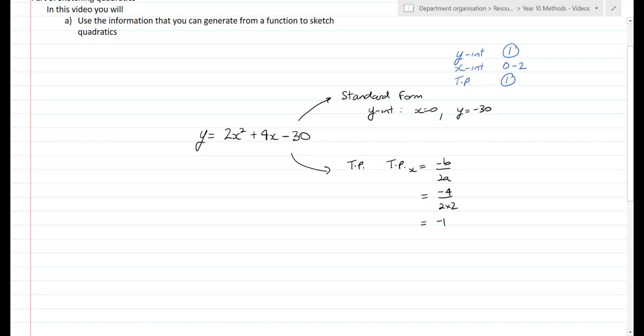Now the turning point x value is negative 1. The turning point y value is equal to 2 times negative 1 squared plus 4 times negative 1 minus 30, and that of course is 2 minus 4 minus 30, so that's negative 32. And we have a turning point of negative 1 comma negative 32.